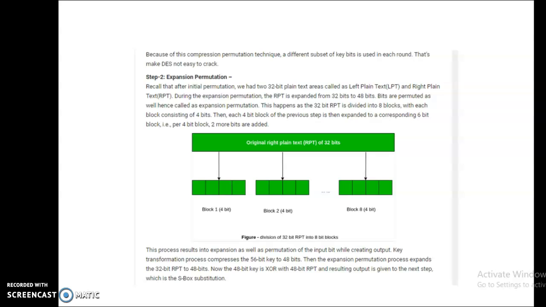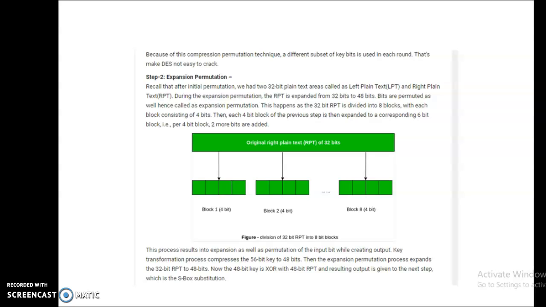Now the next step, step 2, is the expansion permutation. After initial permutation, we have 32-bit left plain text and right plain text. During the expansion permutation, the RPT is expanded from 32 to 48 bits. Bits are permuted as well, hence it is known as expansion permutation.